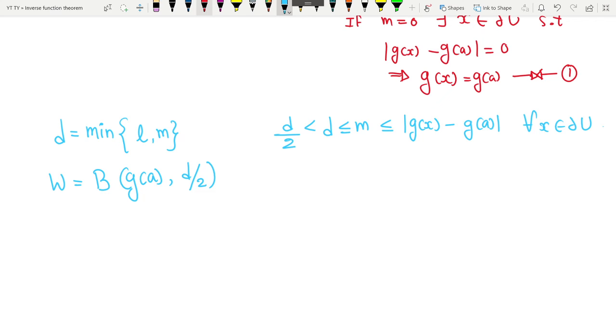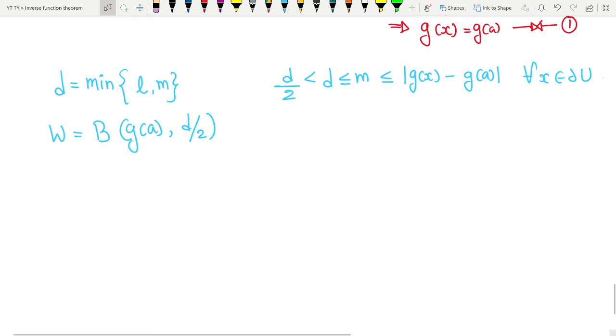for now we will prove that for any point in W there should exist a unique point x inside U, which is a pre-image of it.